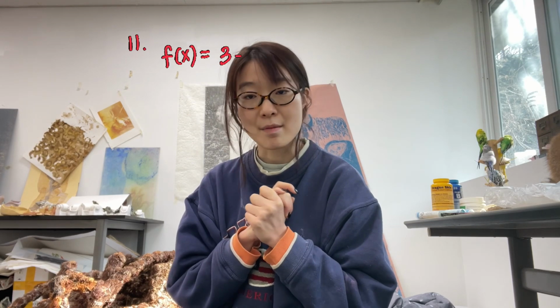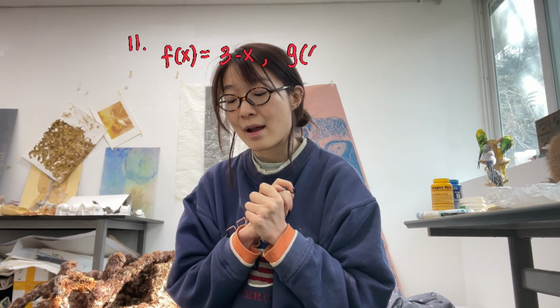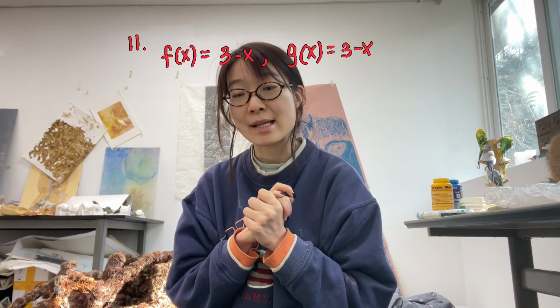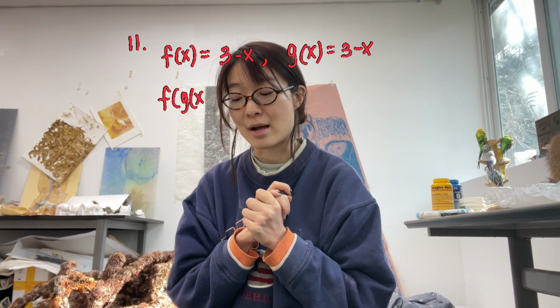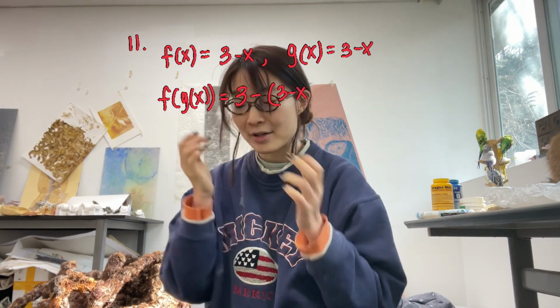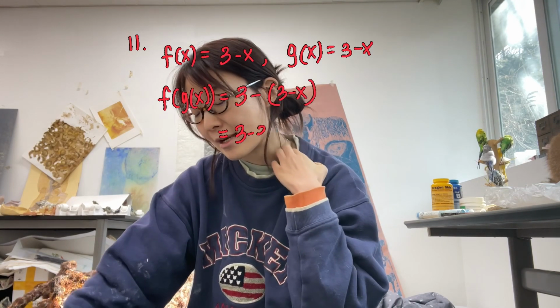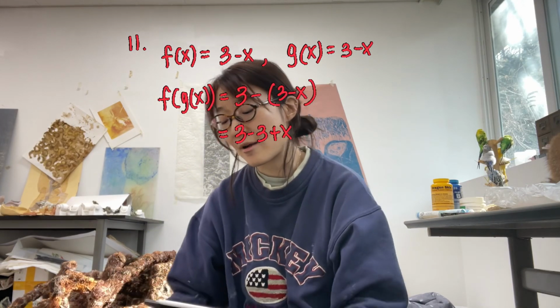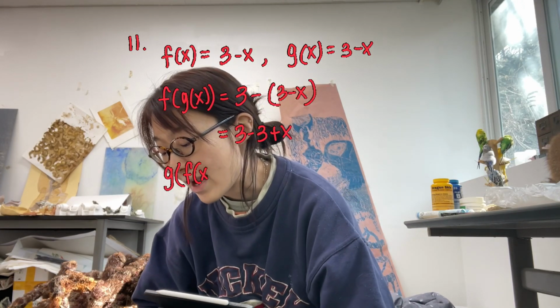Number 11, we have f of x, which is 3 minus x, and g of x, which is 3 minus x. And if I go ahead and create a composite, I would get 3 minus (3 minus x), so therefore I would get x.